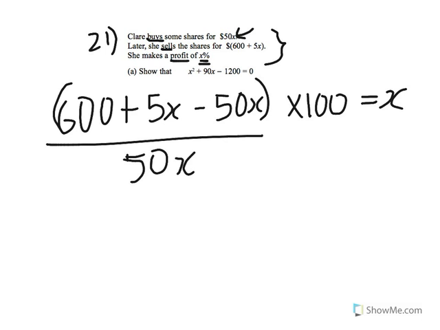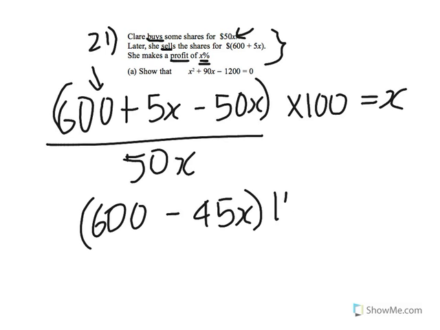Now, we just have to simplify this and solve for x. So I'm going to do this a bit quickly. So I'll multiply both sides by 50x, and I'll solve this bracket over here. What's going to happen is I'm going to get 600 minus 45x, all times 100, is equal to 50x squared, because I multiplied both sides by 50x.